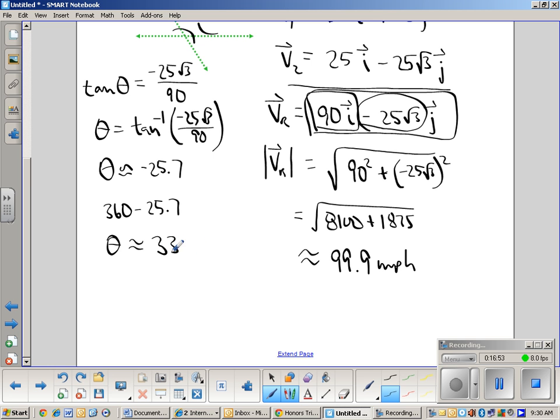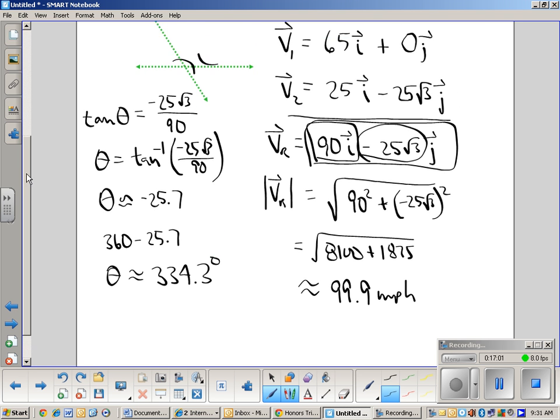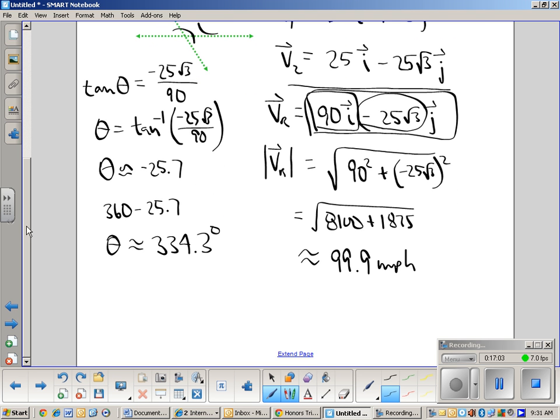Yes, 334. If I look at what I've done here, negative 25.7 is this angle. So if I just subtract that 25.7 from 360, I get the other way.